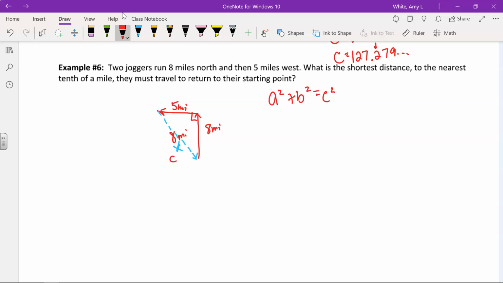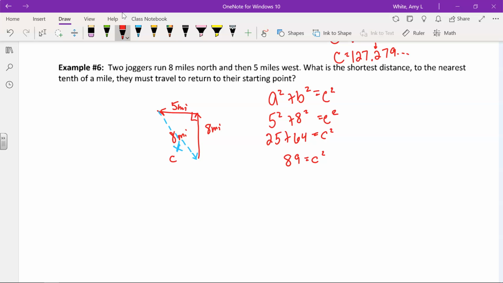So if I go to solve this, a squared plus b squared equals c squared. This would be 5 squared plus 8 squared equals c squared, which would be 25 plus 64. 25 plus 64 is 89. And then I'm going to take out my calculator, and I'm going to do the square root of 89.